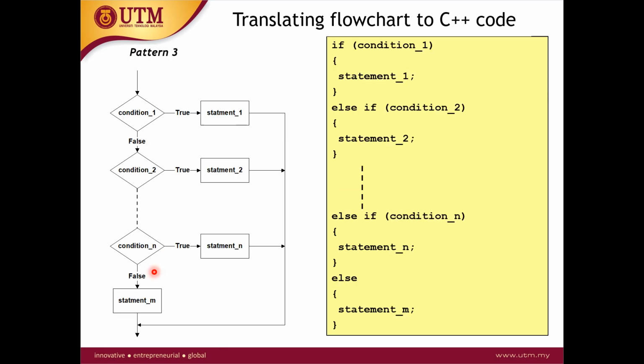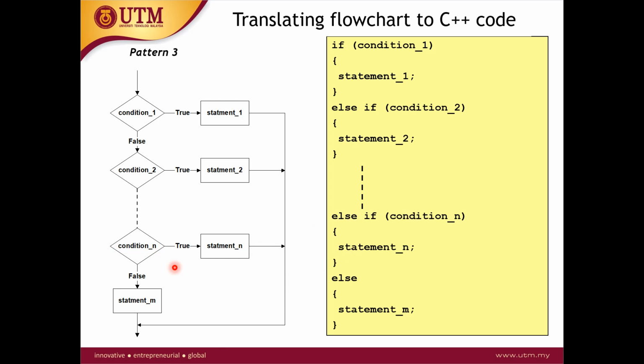Another example: we say if condition 1 is true, come to execute statement 1. If this one is not true, then we are going to have another condition. So we say else if condition 2 is true, come to execute this statement. Then we come to this point: else if condition n is true, come to execute statement n.